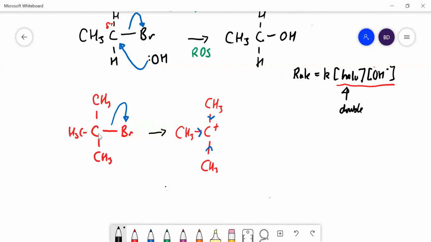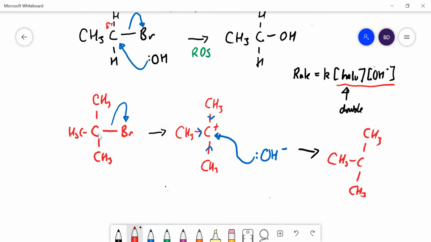Anyway, so we form this, and then you've got some OH minus hanging around there, and that will very, very quickly react with that to form the alcohol. So we've got two steps in that reaction, unlike the other one where there's one step.